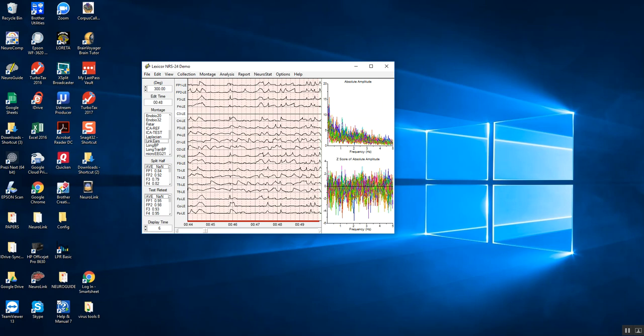The effective connectivity is a measure of the number of people that go from the parking lot to the stadium and the number of people that go from the stadium to the parking lot. So it's a measure of the magnitude and direction of information flow. So all three measures of connectivity, structural, functional, and effective, are available in NeuroGuide and also in the EEG.